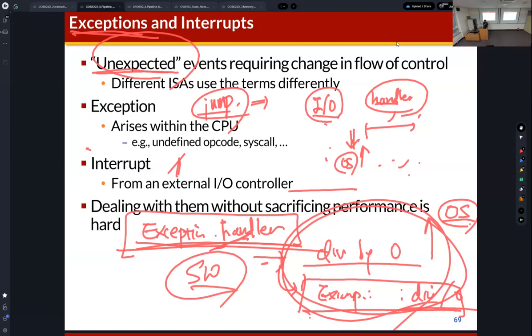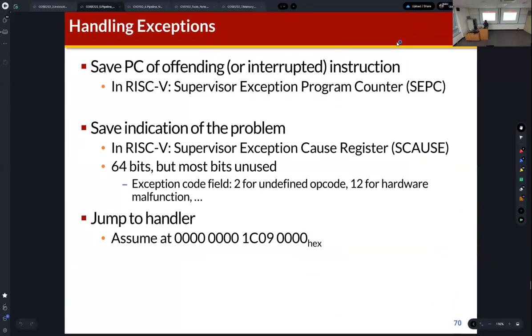But hardware also needs to support exception handling or interrupt handling. Firstly, the hardware needs to detect the exception or interrupt, and then the required information needs to be reported to the operating system. Let's see how.